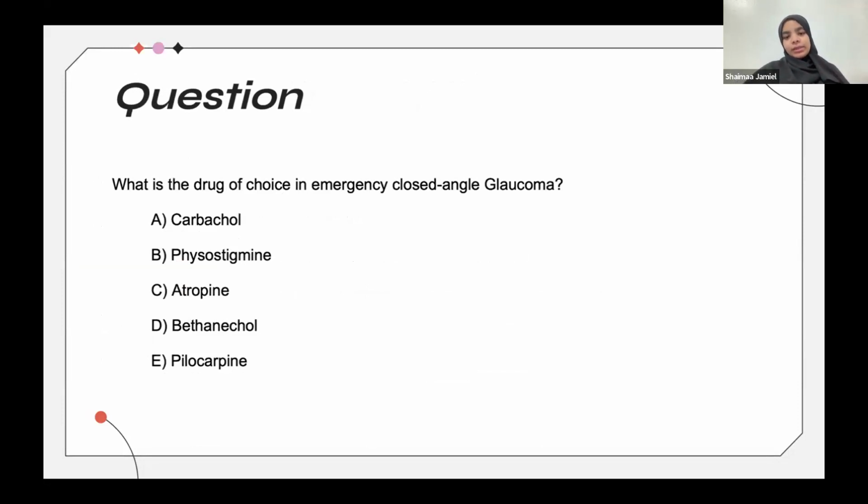Someone said C, someone said E. E. Okay. Why not A? I think I remember saying that A is used for glaucoma.